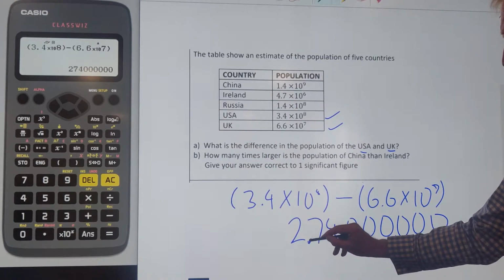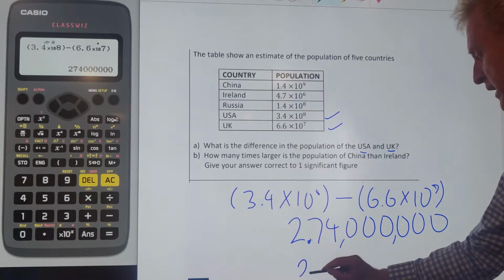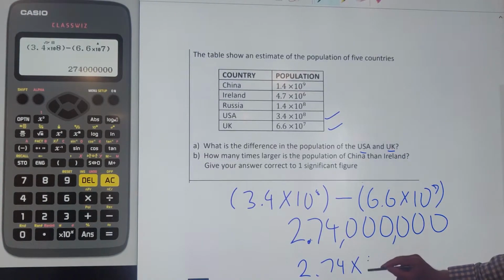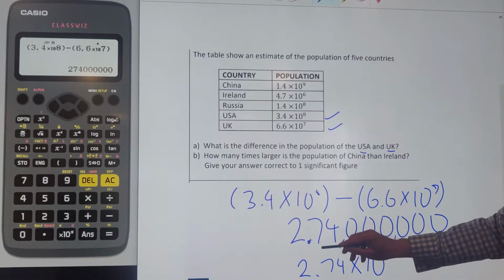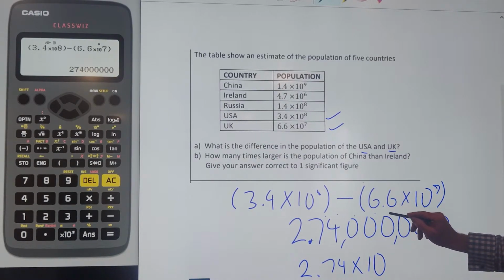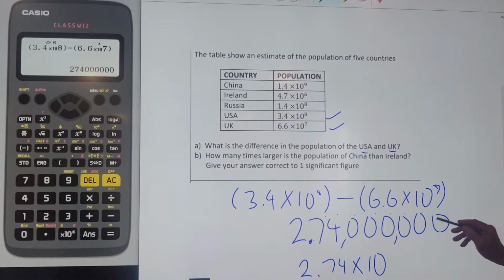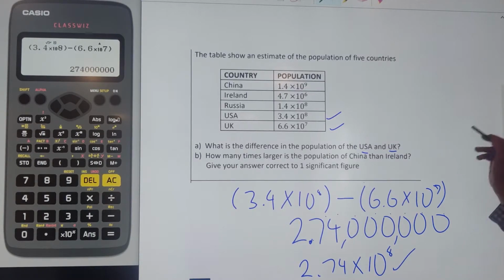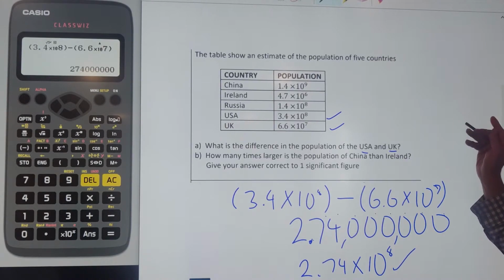The decimal's going to have to go there. So we're going to have 2.74 times 10 to the power of, let's count our digits after the decimal now. 1, 2, 3, 4, 5, 6, 7, 8. 10 to the power of 8. So that would be the first answer to that question. 2.74 times 10 to the power of 8.